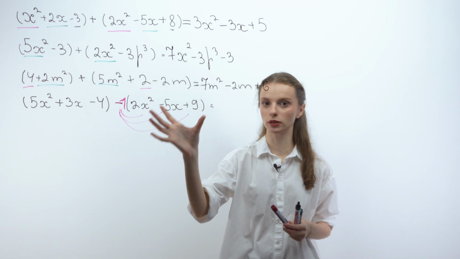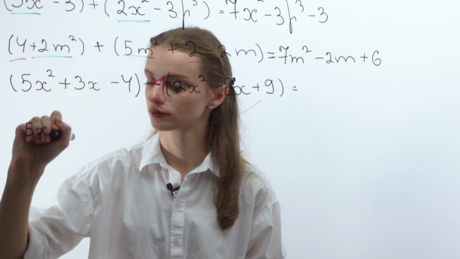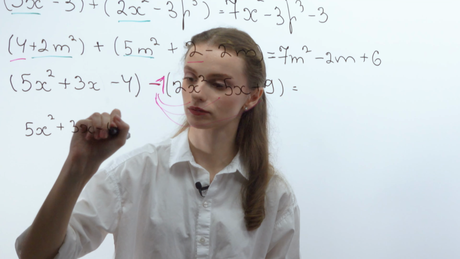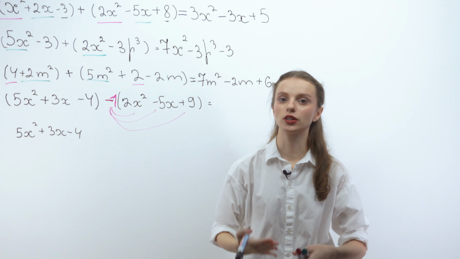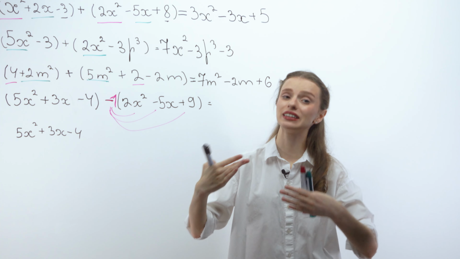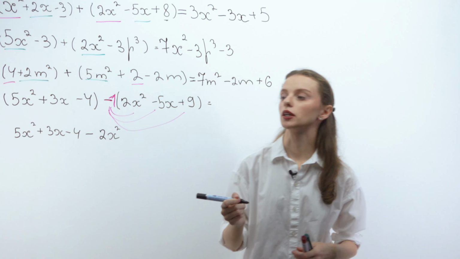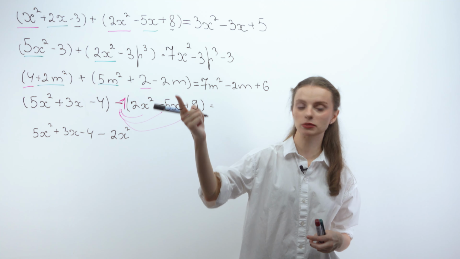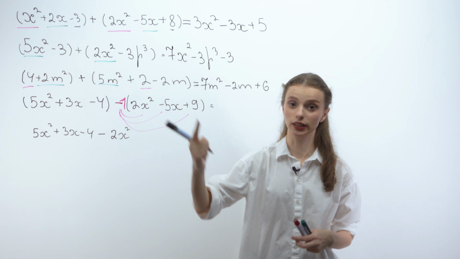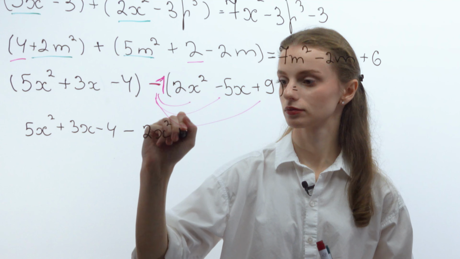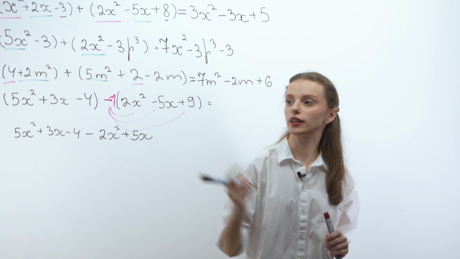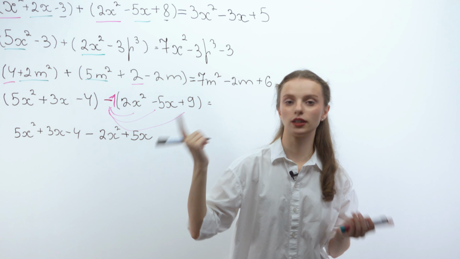So let's open the parentheses. Negative 1 times 2x squared: now our positive turns into a negative, so we have negative 2x squared. Here we have negative 1 times negative 5x. Negative and negative gives us positive, so we have plus 5x. And then finally I have negative 1 times 9, negative 9.